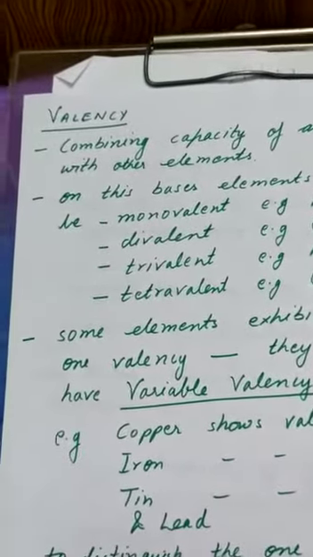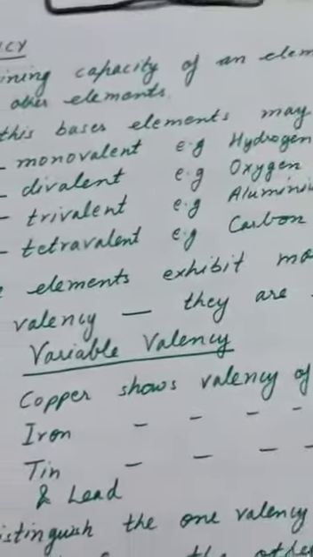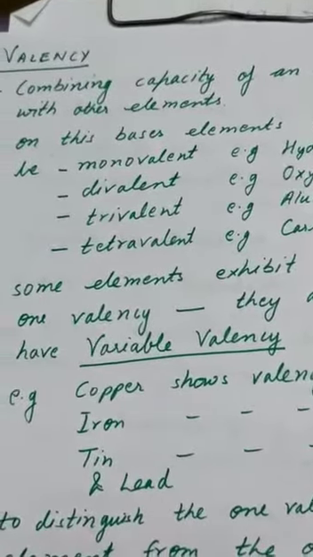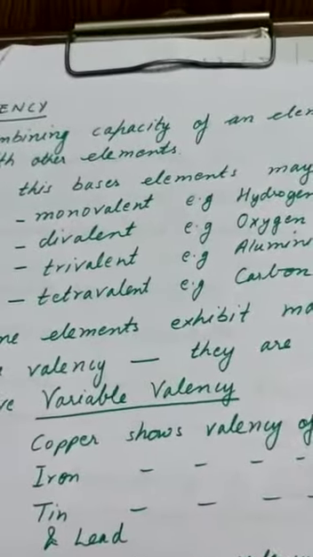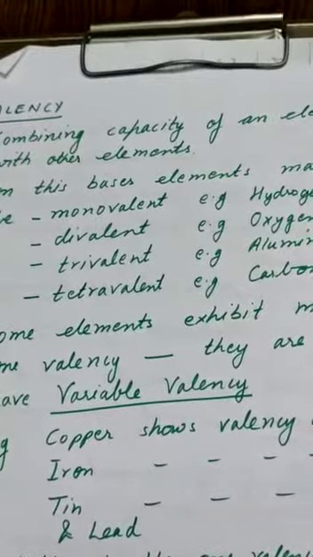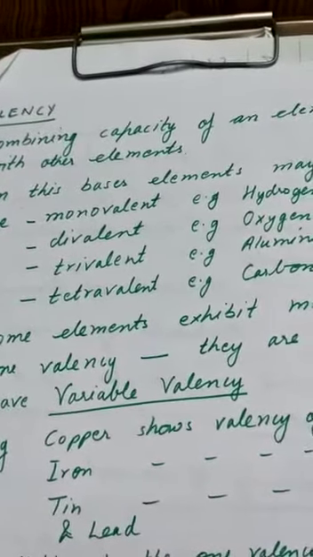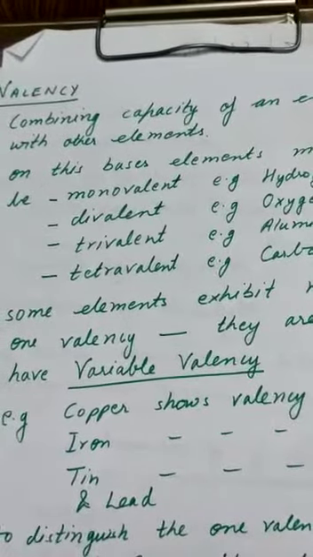Depending upon with how many atoms it can combine, elements can be monovalent, divalent, trivalent or tetravalent. For example, hydrogen is monovalent, oxygen is divalent, aluminium is trivalent and carbon is tetravalent.